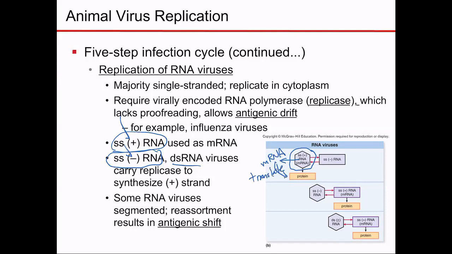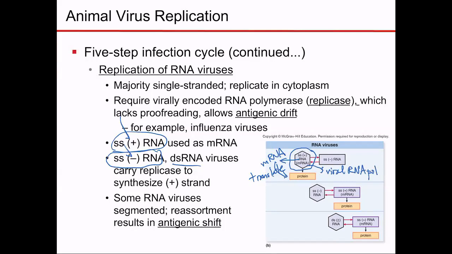And then this virus also at the same time is going to translate that messenger RNA, and it's going to bring their own RNA polymerase to produce copies of the viral genome.